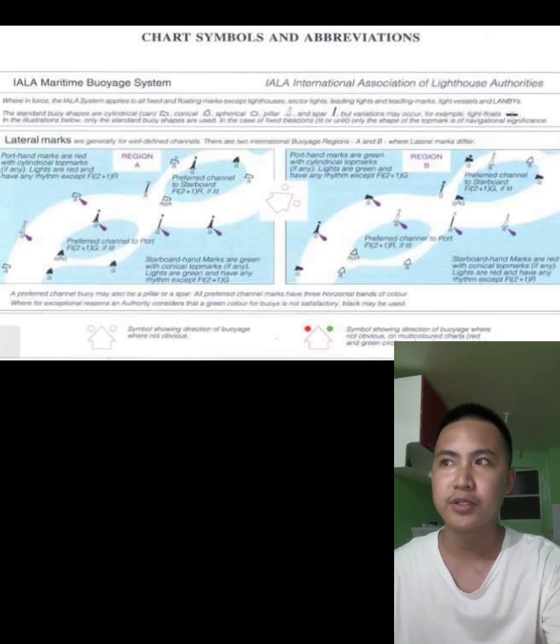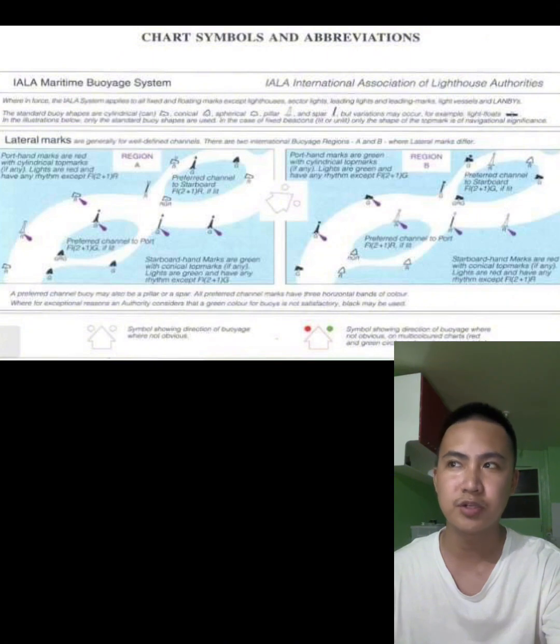The standard buoy shapes are cylindrical, conical, spherical, and pillar and spar, but variations may occur, for example light floats.